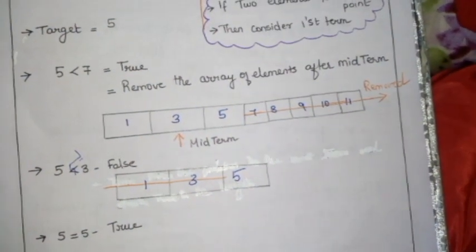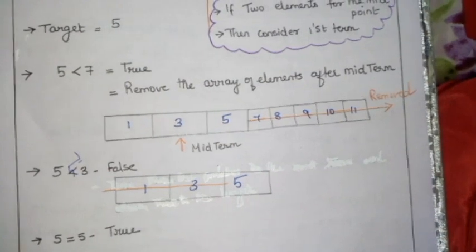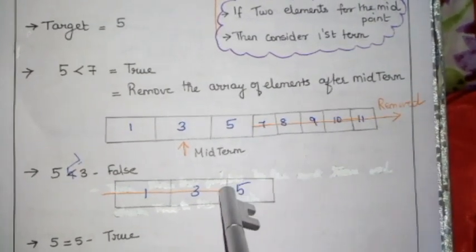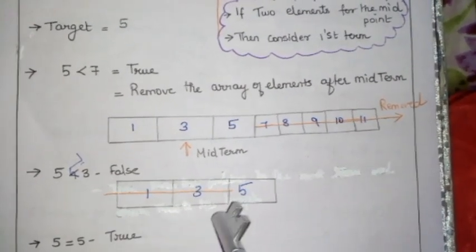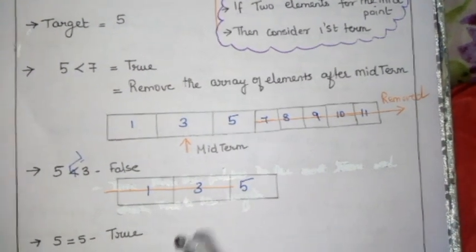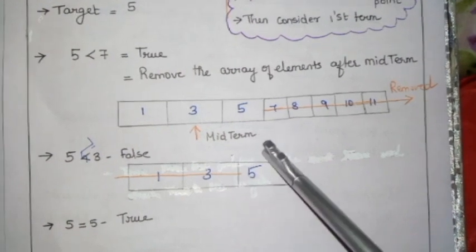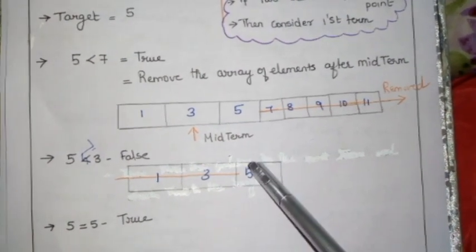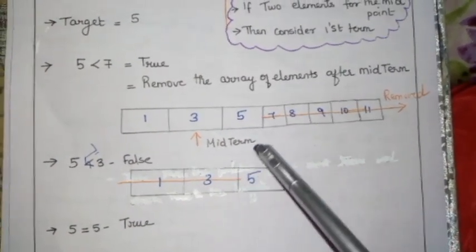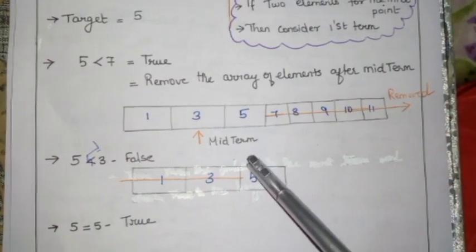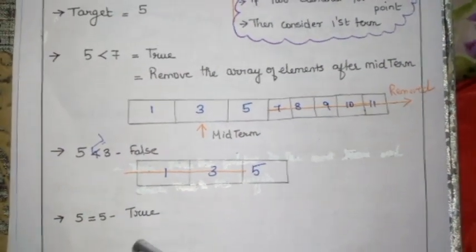So what happens? All the elements smaller than that midterm are removed. So this is going to be my only element, and it is compared with the target, and the output is true.